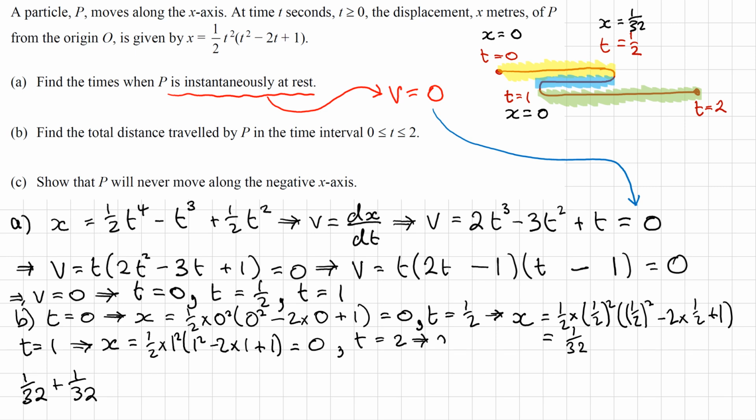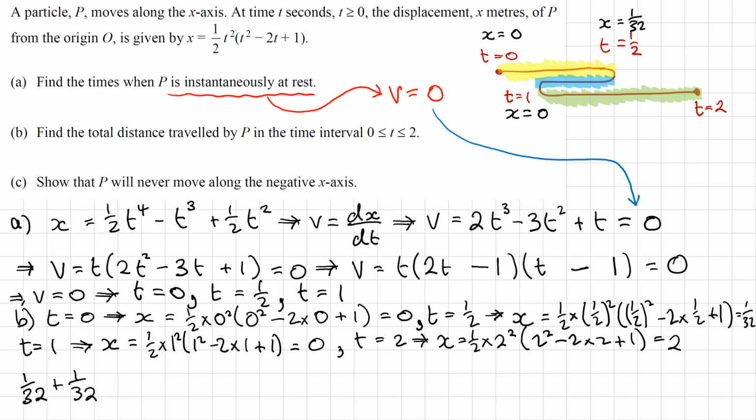So the x position is going to be a half times by 2 squared, times by 2 squared minus 2 times 2 plus 1, and that gives us 2.